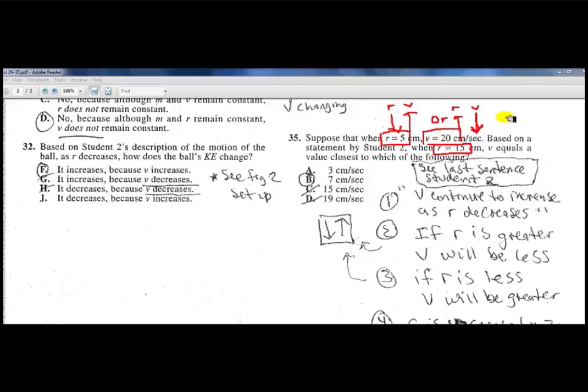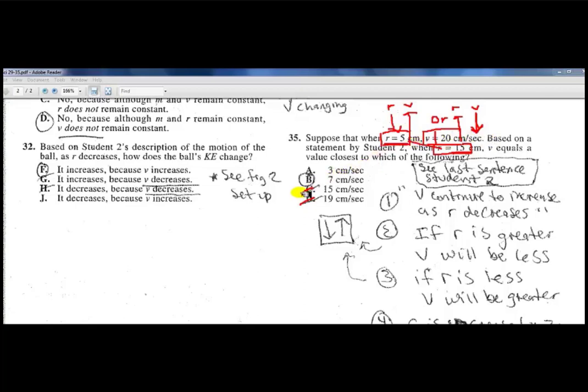So look at your answer choices, and right away you know that 19 and 15 can be crossed out, because here we have R equals 5 and R equals 15. This is 3 times each other. So that means V is going to have to be reduced by 3. 20 reduced by 3 would be roughly around 5 or 6.